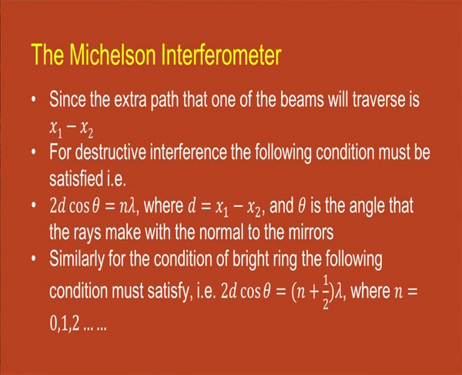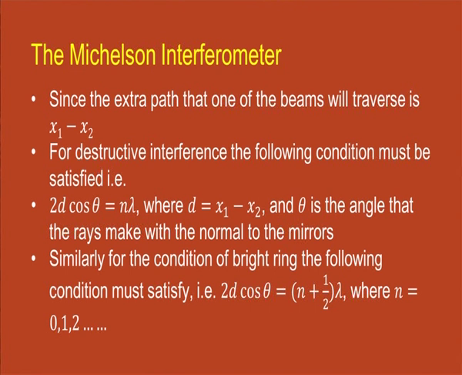Since the extra path that one of the beams will traverse is x1 minus x2, for destructive interference the following condition must be satisfied, that is 2d cos theta is equal to n lambda, where d is the difference of x1 and x2, that is x1 minus x2, and theta is the angle that the rays make with the normal to the mirrors.